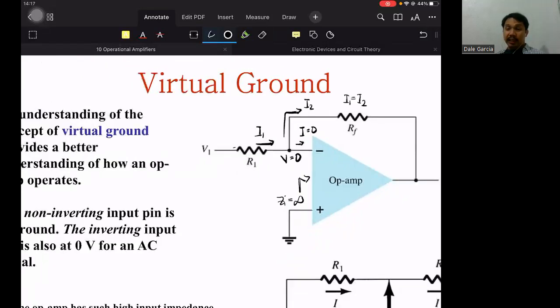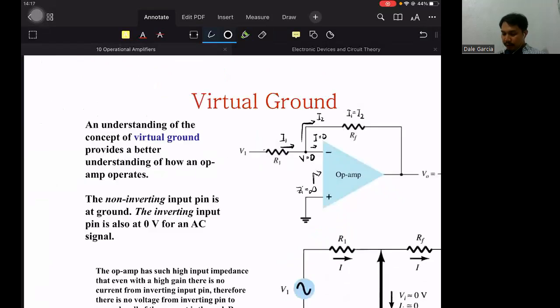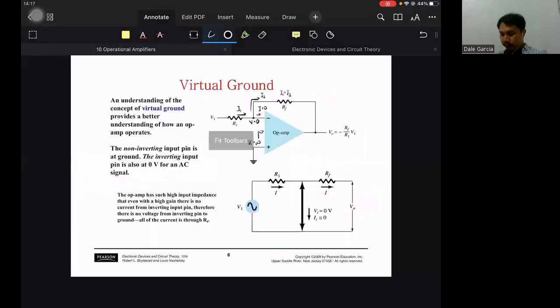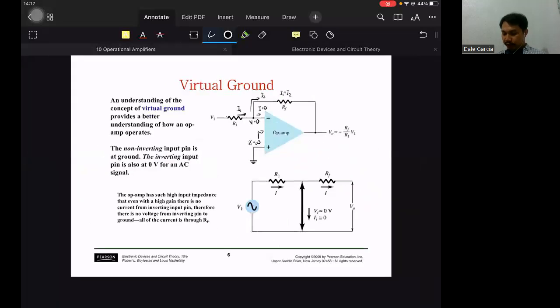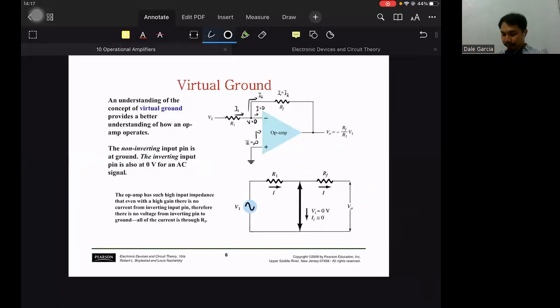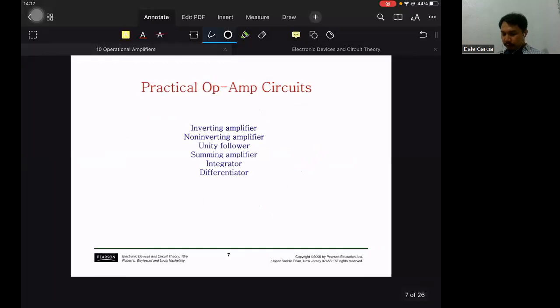So that's all we need to know, because again we do not need to derive the formulas for all the other configurations. We have already stated that. So because of all those concepts, negative feedback, virtual ground, high input impedance, low output impedance, we could create more practical operational amplifier circuits.